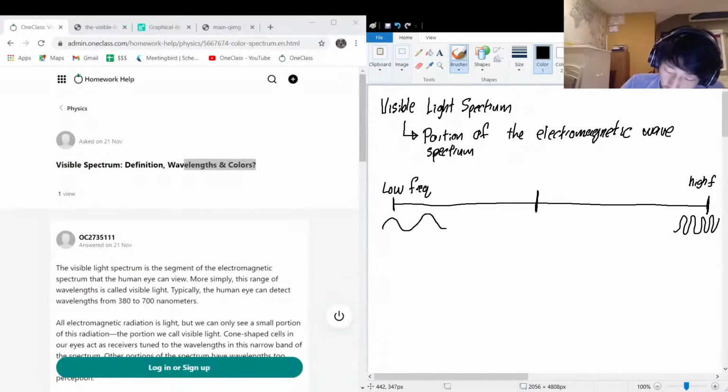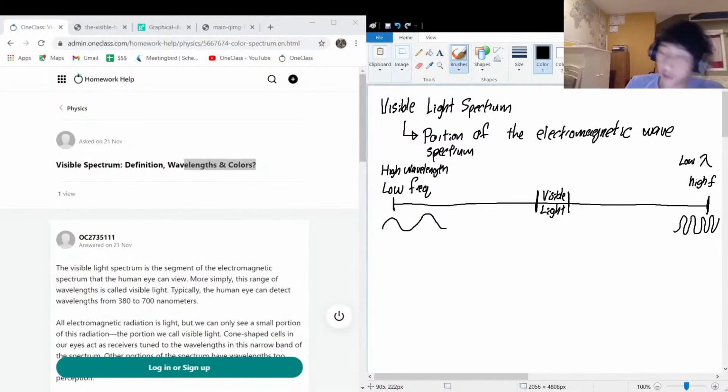Okay, the visible light spectrum is only a subset of it. Lower frequency or higher wavelength, those are the same thing. High wavelength, and this is low wavelength.